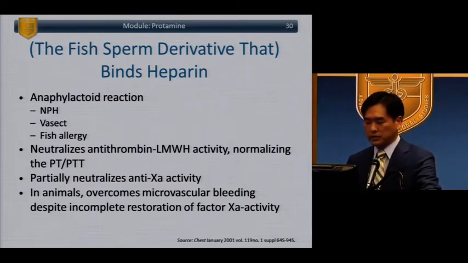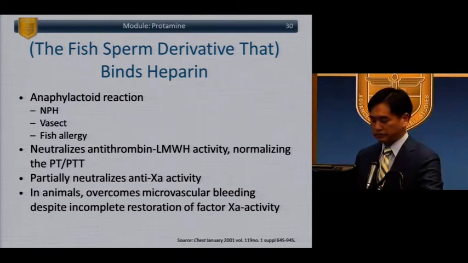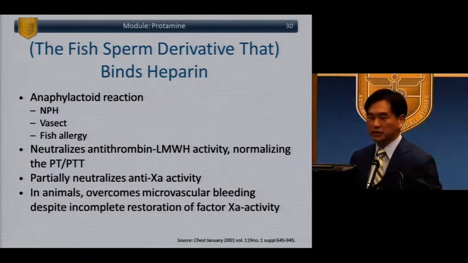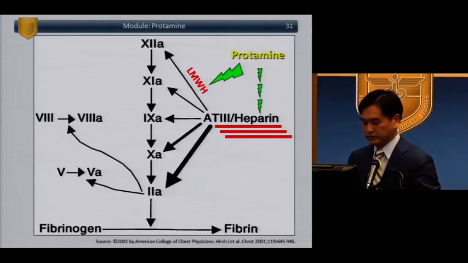The protamine will neutralize the antithrombin and heparin activity, and it can normalize your PT-PTT. In animal models, there are some microvascular effects. We'll go into that.